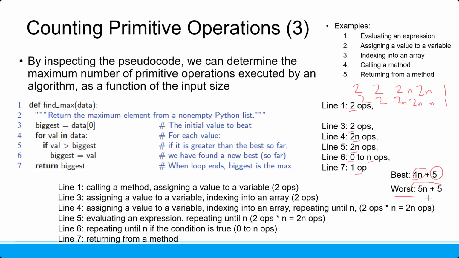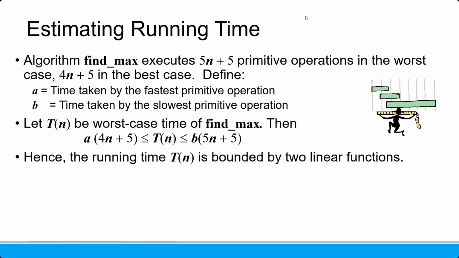Then we have 5n plus 5. And the estimation of the running time will be 5n plus 5 in the worst case, and 4n plus 5 in the best case.